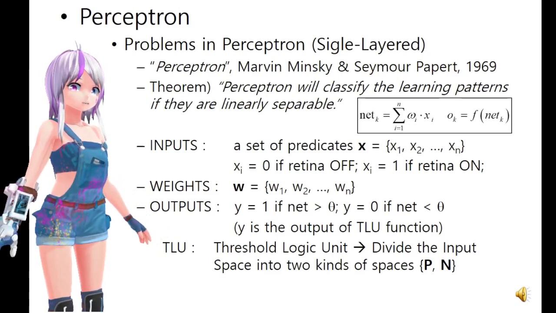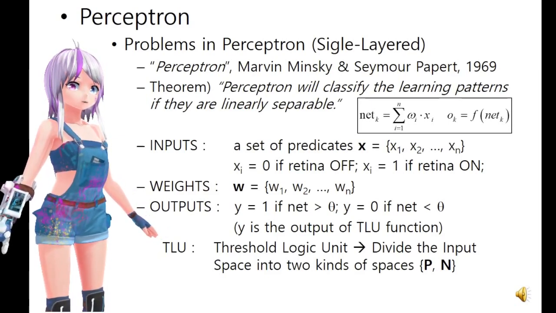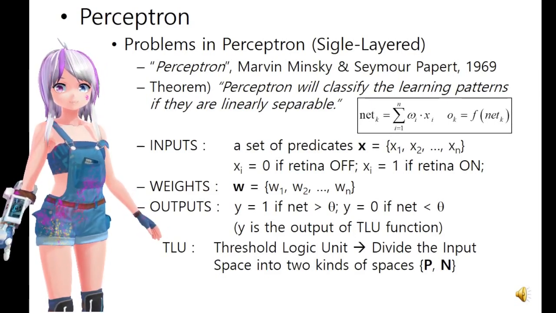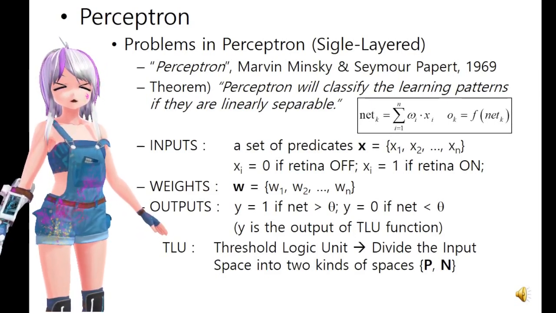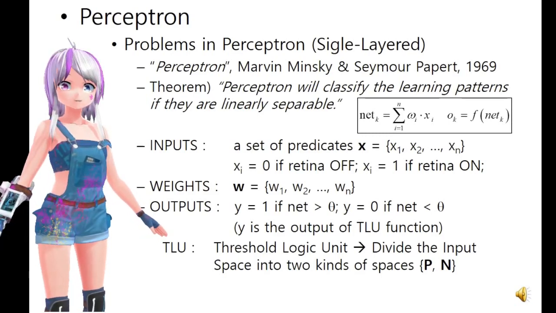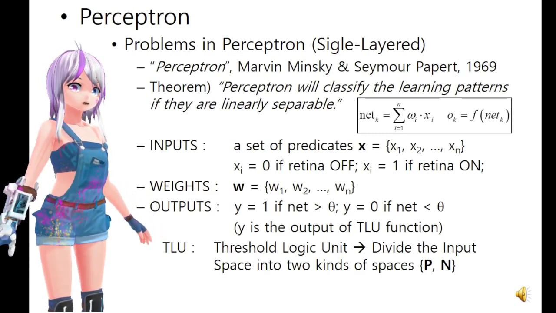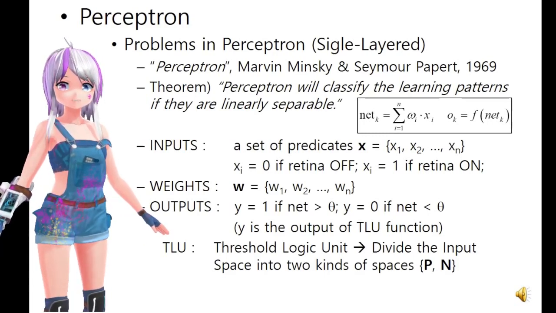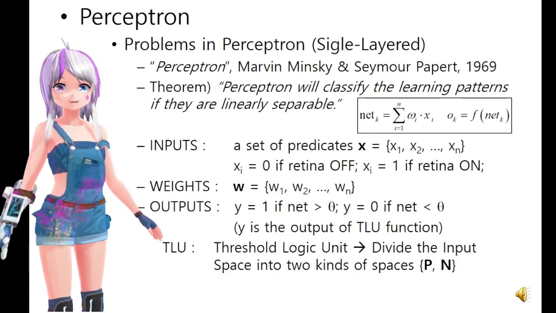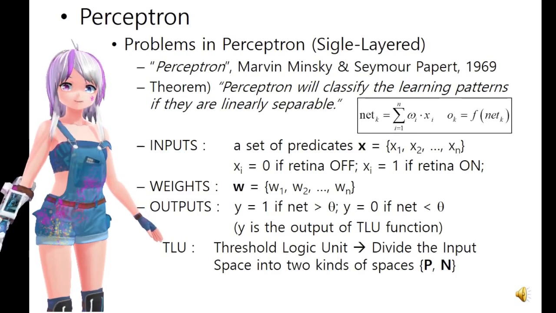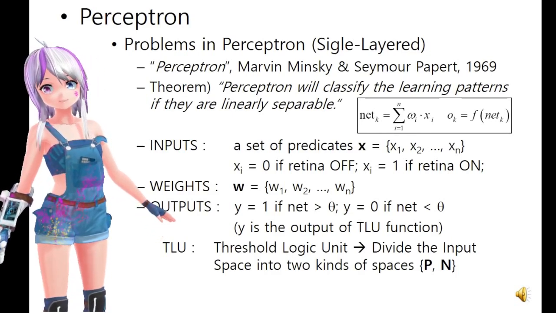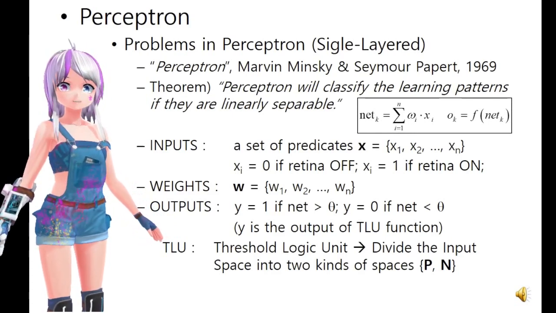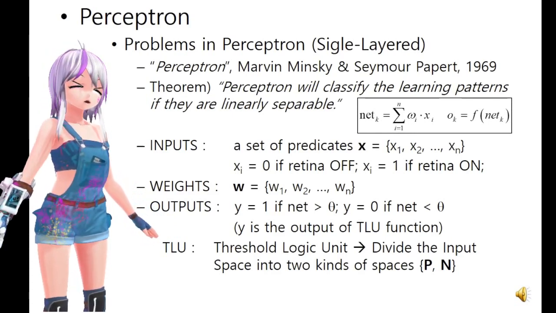So y is basically the same as o_k, the output of a TLU, a threshold logic unit, which divides the input space into two kinds of spaces, the positive set and the negative set. If it is in the positive set, the output should be 1. If it is in the negative set, the output is 0.